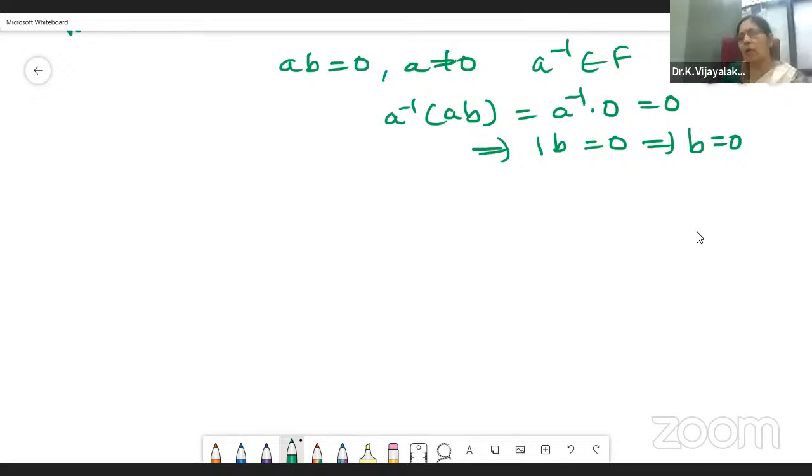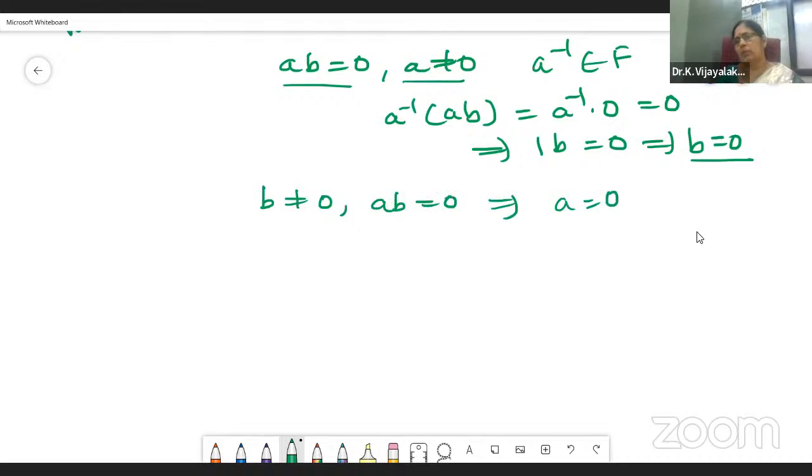So whenever A not equal to 0 and AB equal to 0, we are able to prove B equal to 0. Similarly, whenever B not equal to 0 and AB is 0, we can prove A equal to 0. So that is the reason a field has no zero divisors.